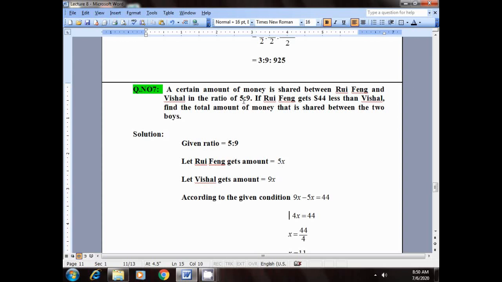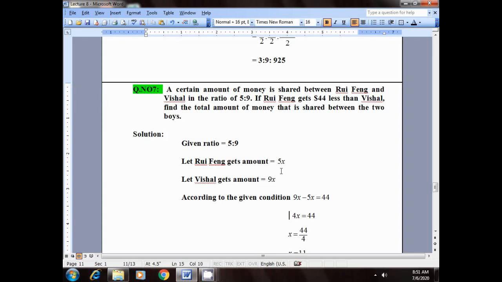Therefore we will start with: let Rui Feng get amount 5x, same as the ratio of the second boy Vishal is 9. So we will take: let Vishal get amount 9x. 5 represents the first quantity of the ratio and 9 represents the second quantity of the ratio.